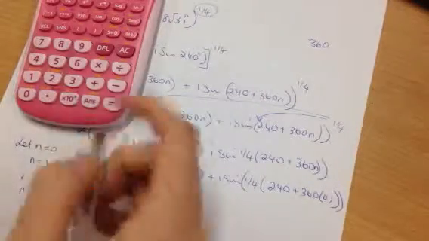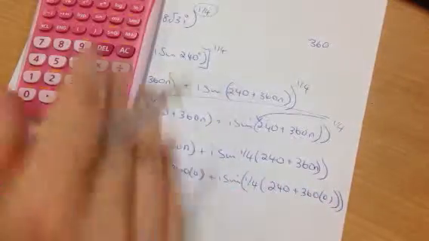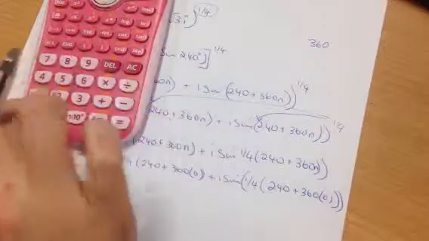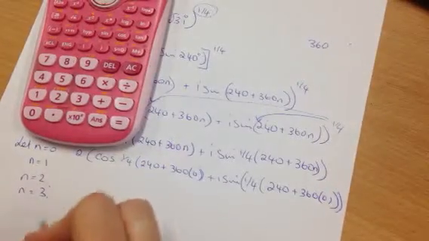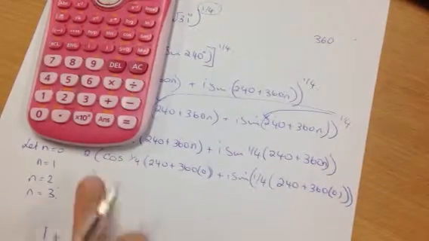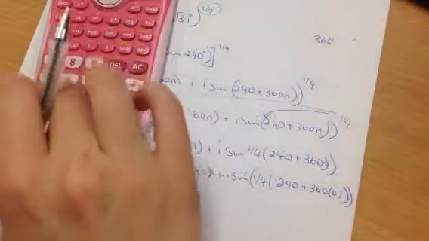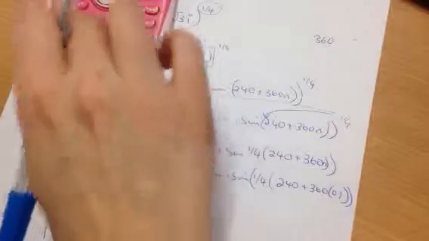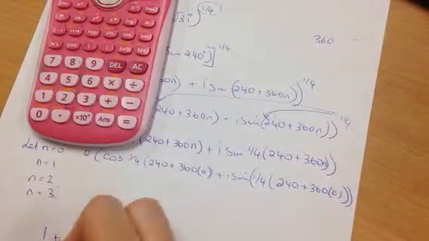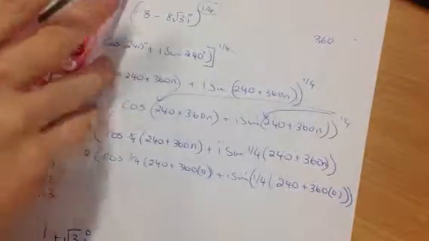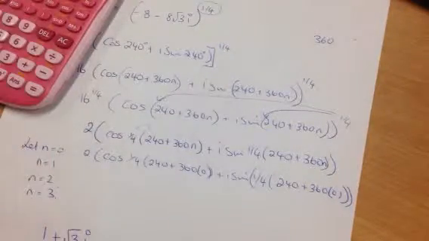That's 2 times the cos of 60, which is 1, plus 2 times the sine of 60, which is root 3 times i. So one solution is 1 plus root 3i.